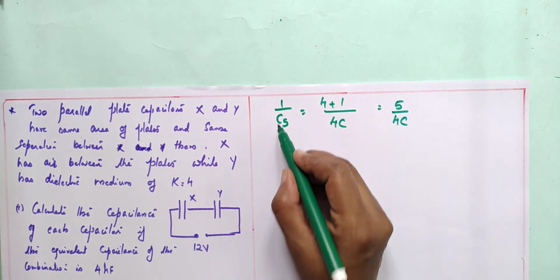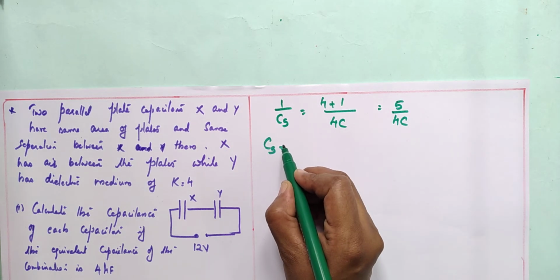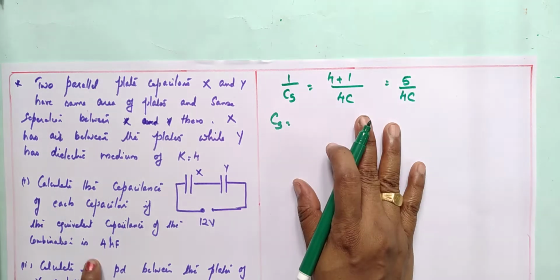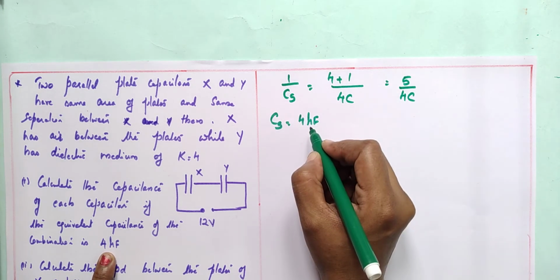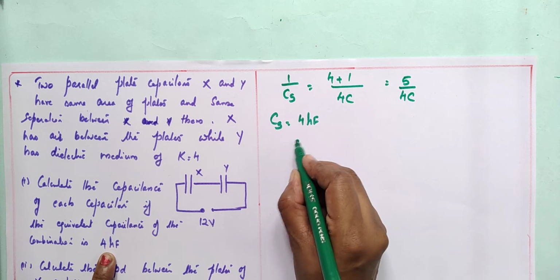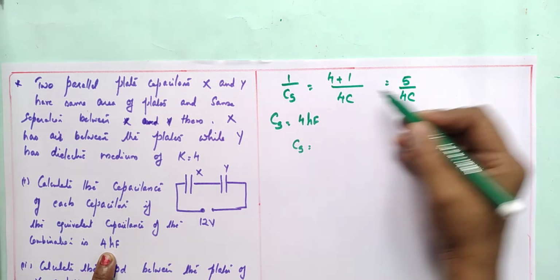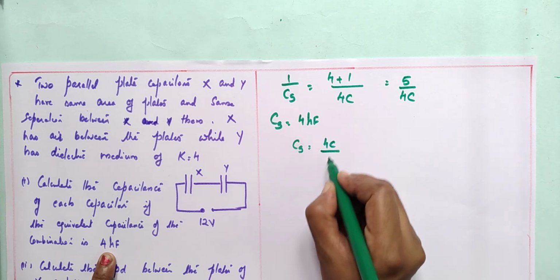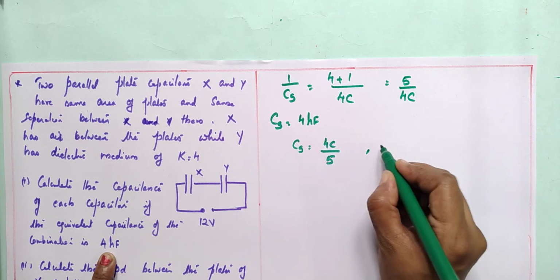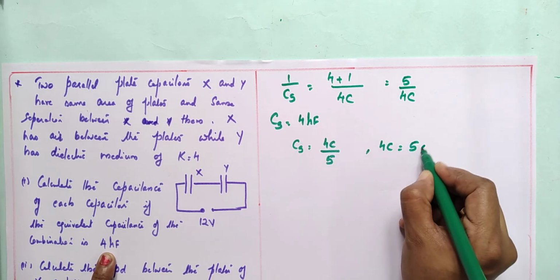See, but what is the equivalent capacitance given? The equivalent capacitance is equal to 4 microfarad. So 1 by Cs is equal to 5 by 4C. So what is Cs? 4C divided by 5. Or 4C is equal to 5 into Cs.